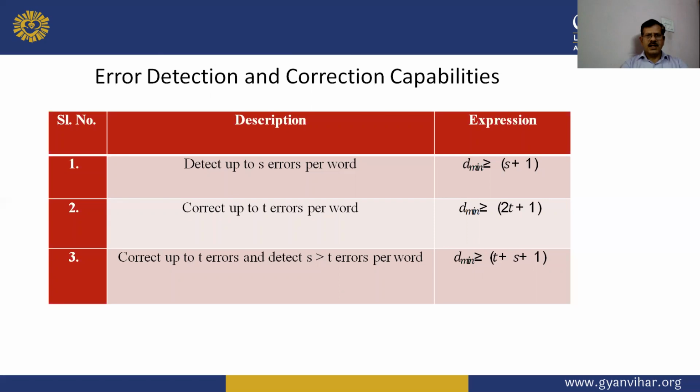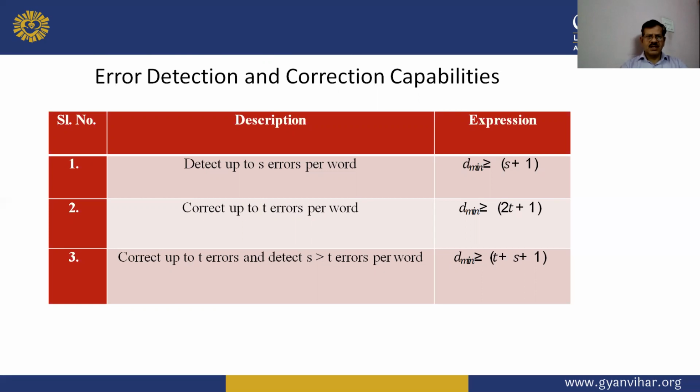Error detection and correction capabilities. There are some descriptions. First one is detect up to s errors. The expression is that the minimum distance is greater than or equal to s plus 1. Second description is correct up to t errors, so the minimum distance will be greater than or equal to 2t plus 1.